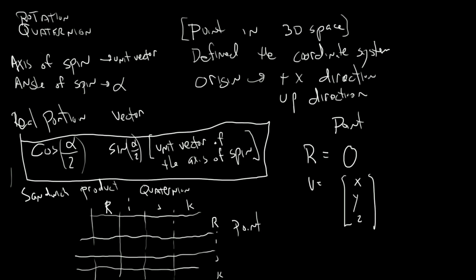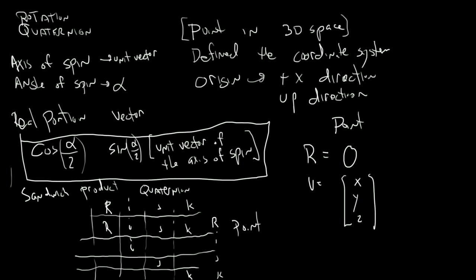A real times a real gives a real, a real times an I gives an I direction, a real times a J gives a J direction, a real times a K gives a K direction. That's the easy one.